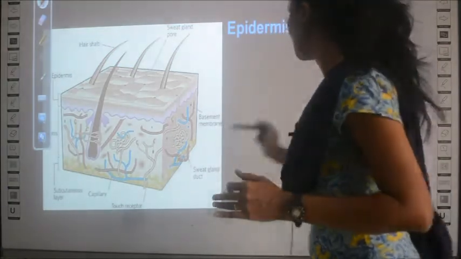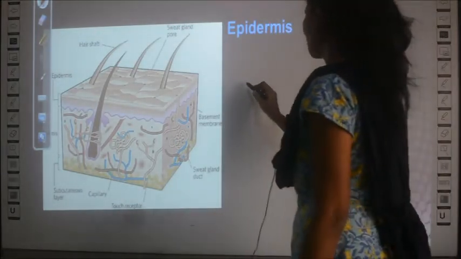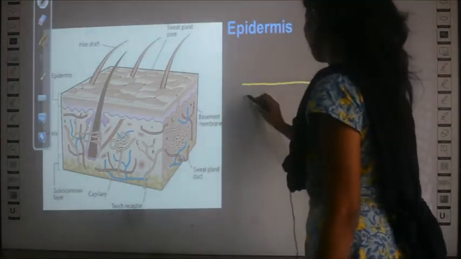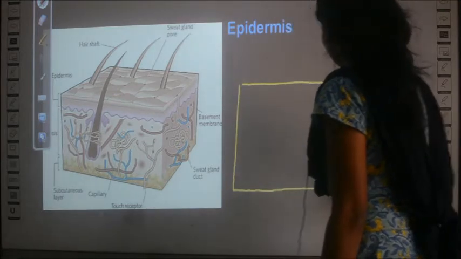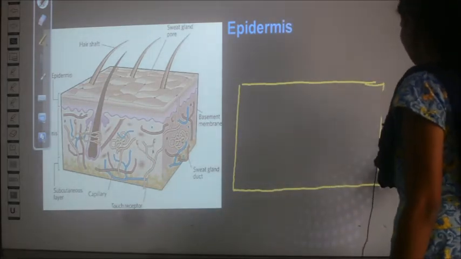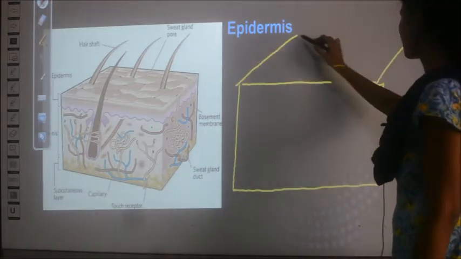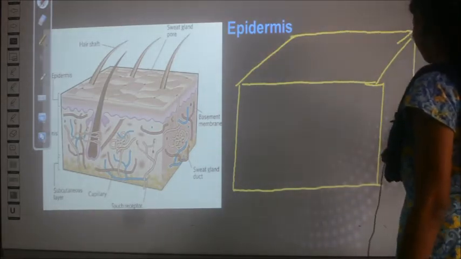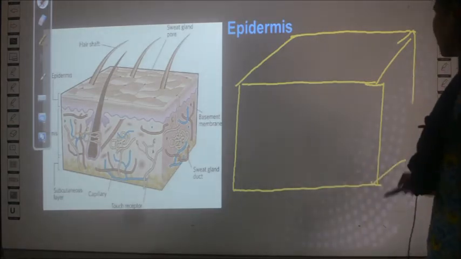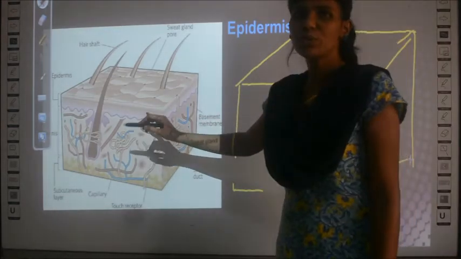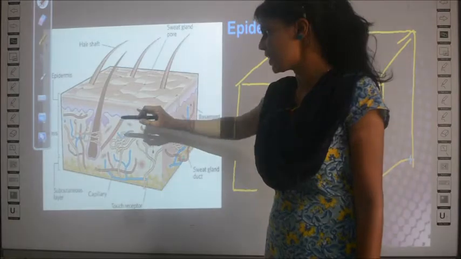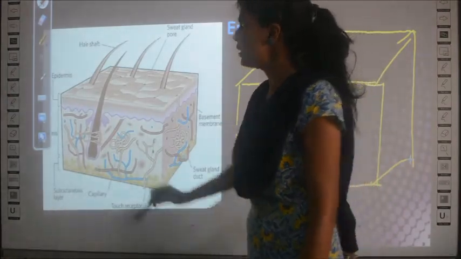Shall we draw? I will teach you how to draw. Okay. So first you can draw a rectangle, and extend it like this. Then you need to differentiate these two layers, that is the epidermis layer and the dermis layer.